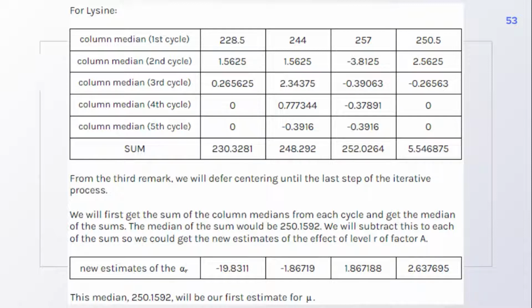For the factor A or for lysine, the median of the sums of all the column medians is 250.16. This will be the first estimate for the overall value. And the results after centering the column medians would be our estimate for the effect of each level of lysine.